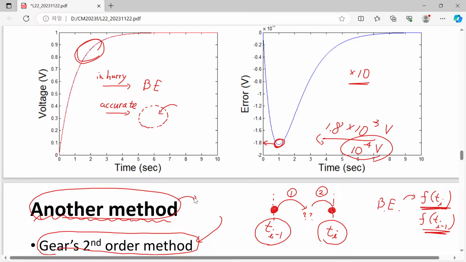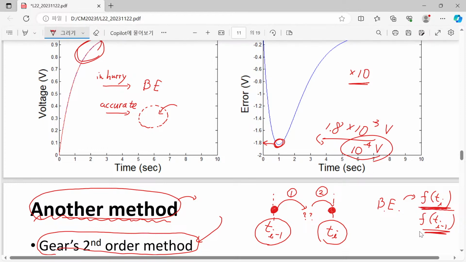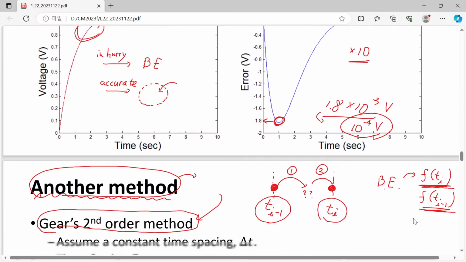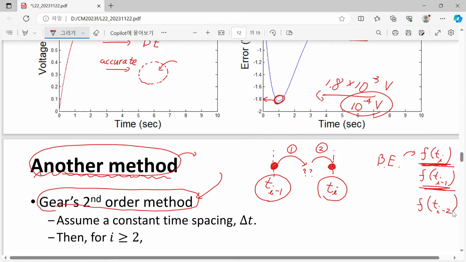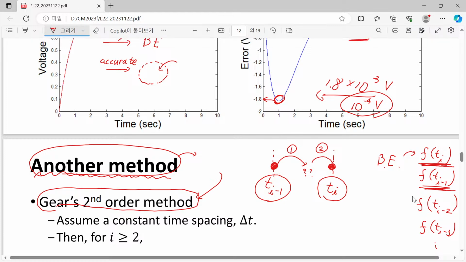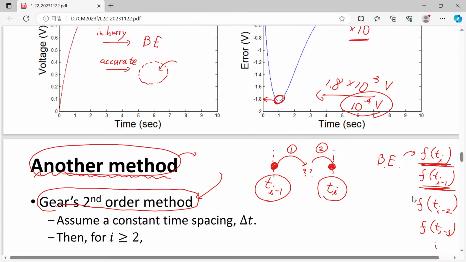The best way is not only considering this present value and previous value, taking only two and having the linear dependence of error on the time spacing. But if we expand the dependence to the second past time instances or third past time instances, if we consider the history of our trajectory, then we can find better accuracy for our time derivative term.